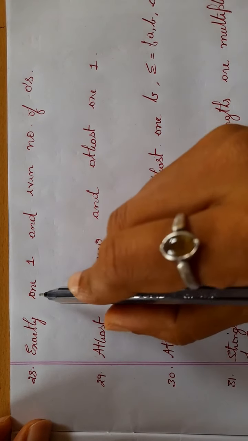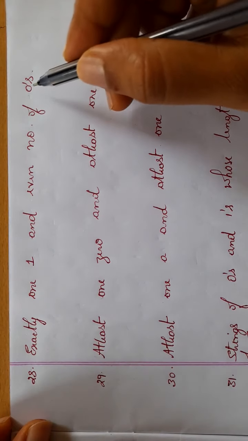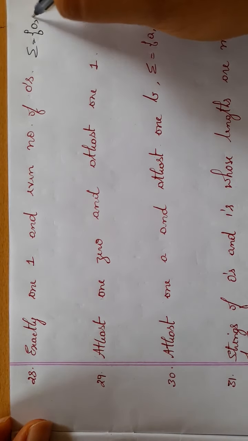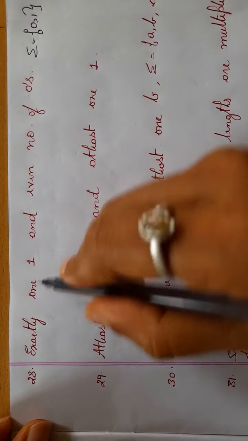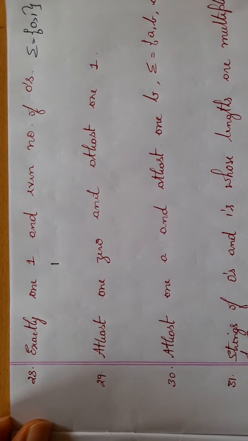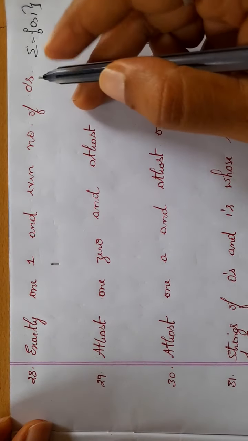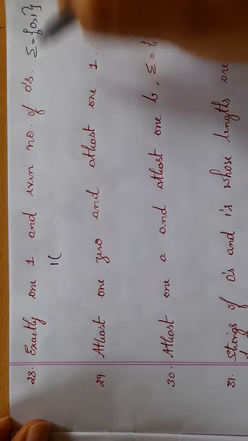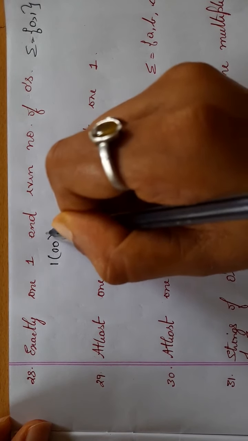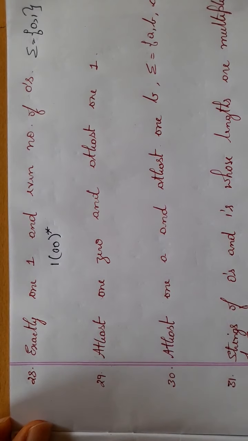Next one, exactly 1, 1 and even number of zeros. So according to the question, my alphabet has either zeros or ones. Exactly 1, 1. So I have exactly 1, 1 and then even number of zeros. That is even number of zeros, 0, 0, and this combination can be any number of times.